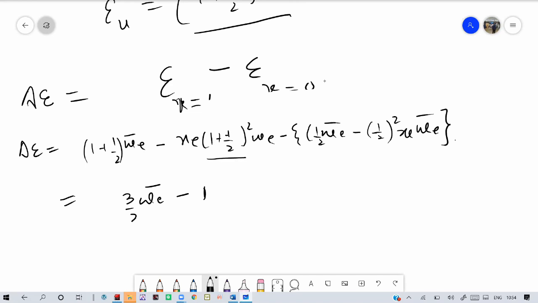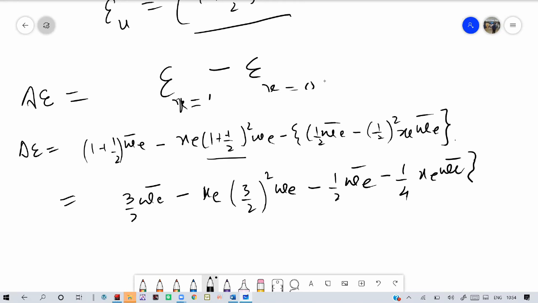It is 3/2. This is a square actually, that is why it is minus 1/2 omega e minus 1 by 4 xe omega e.